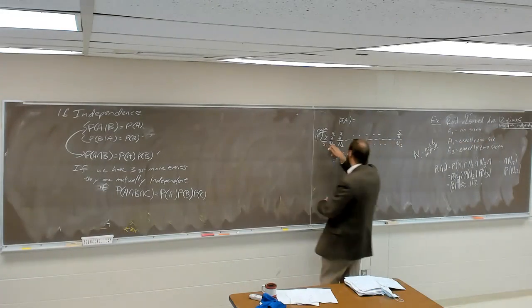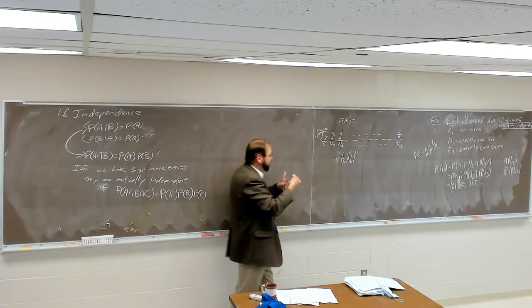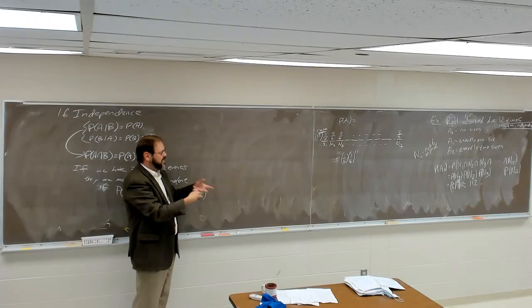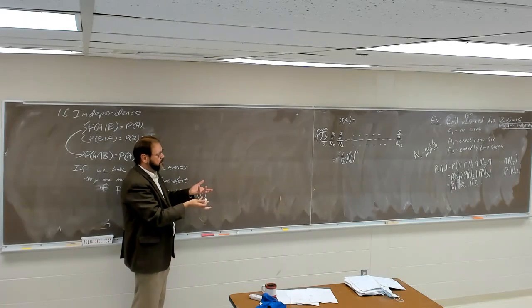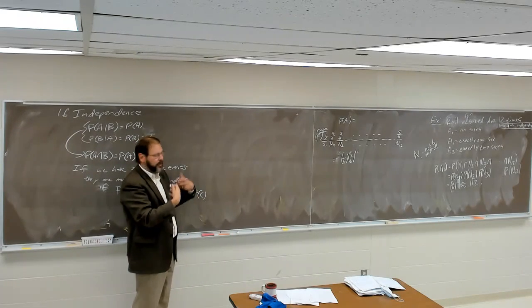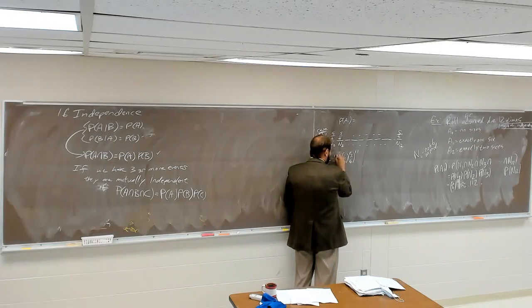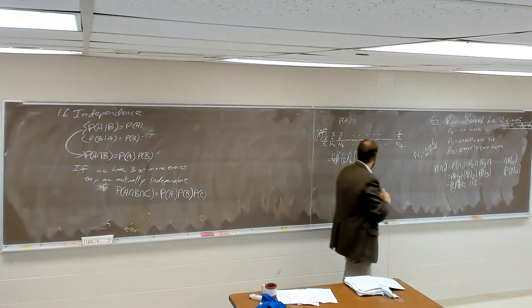Why do I get a 12? Well, because I have 12 positions I could put that 6 in. Or I think of it as I have these 12 positions, and I'm going to choose one of them to be the position for the 6. And so that gives me 12 choose 1, which is equal to 12.